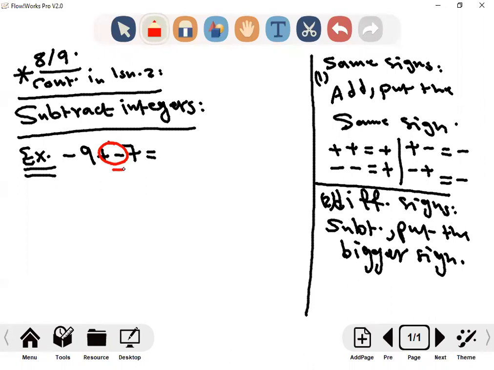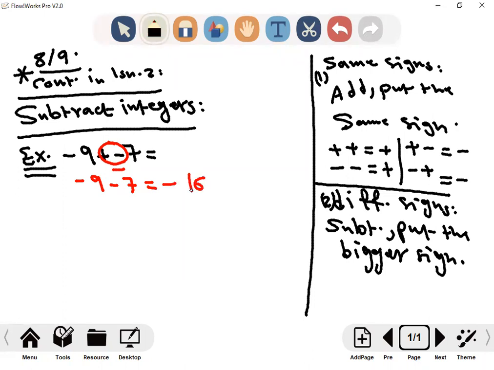Now this will be -9 minus 7, right? Here we have two similar signs. We will follow the first formula: if we have the same sign, we add and put the same sign. So here it will be negative and we add them.